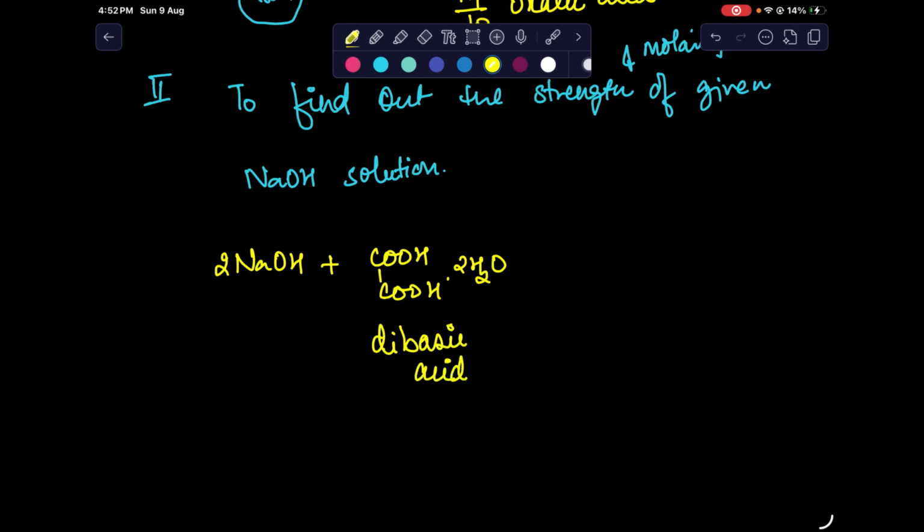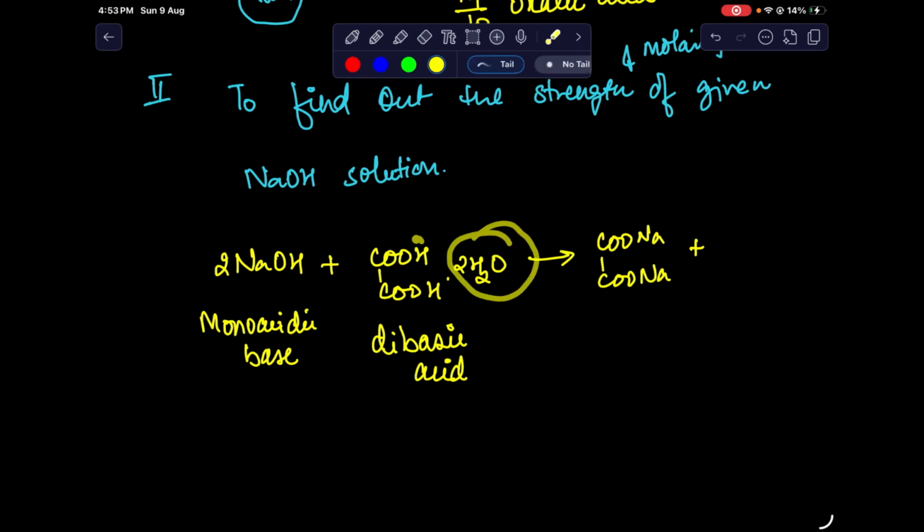Dibasic acids are those which release 2H+ per molecule, so they are called dibasic. If we talk about NaOH, NaOH is a monoacidic base because it releases 1 OH per molecule. So they react, we get COONa, single bond COONa. Now we have 2H2O here, and then 2H2O which is formed from this, so 4H2O again, right?